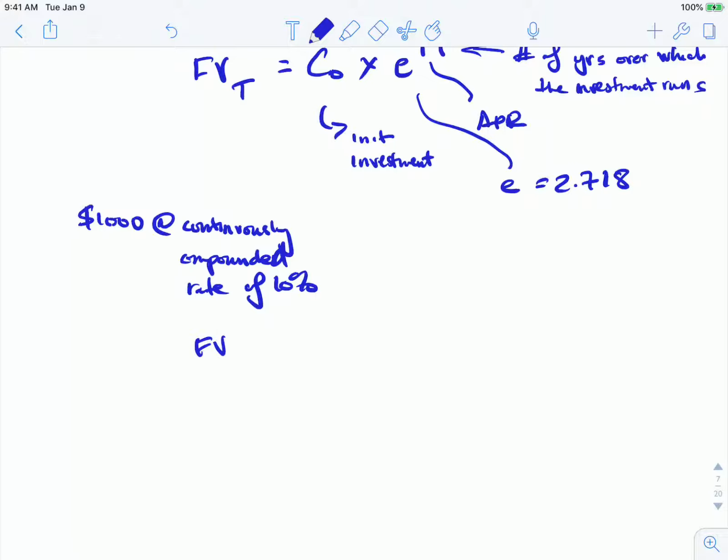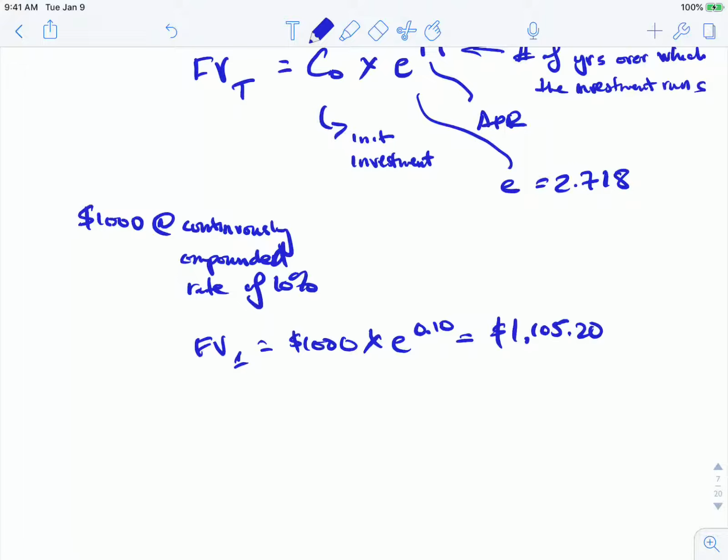So wealth at the end of 1 year is equal to 1,000 times e to the 0.10, which is about 1,105.17.